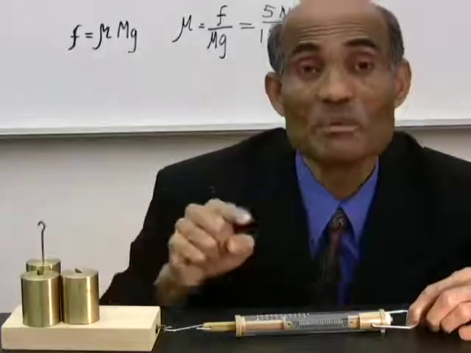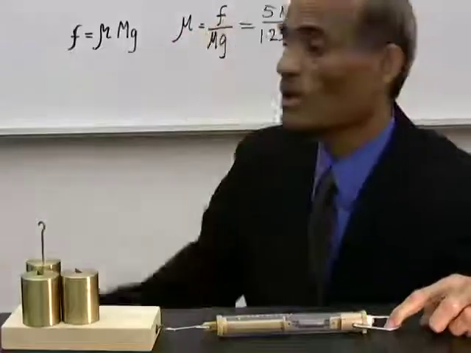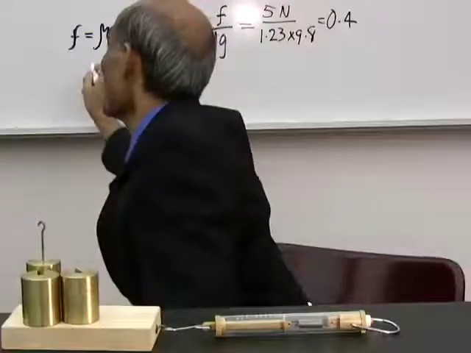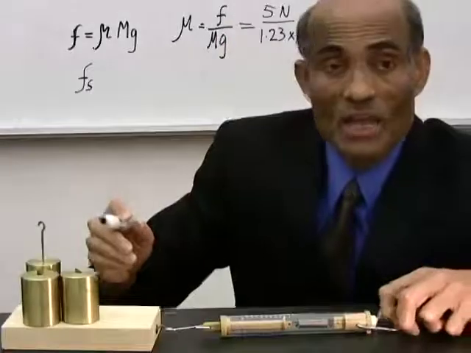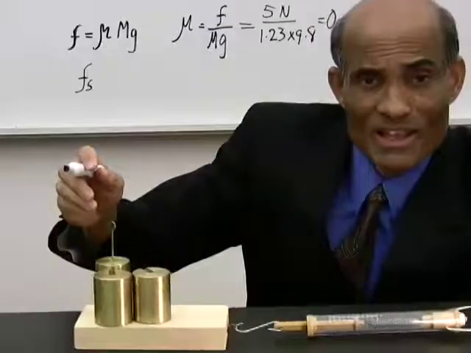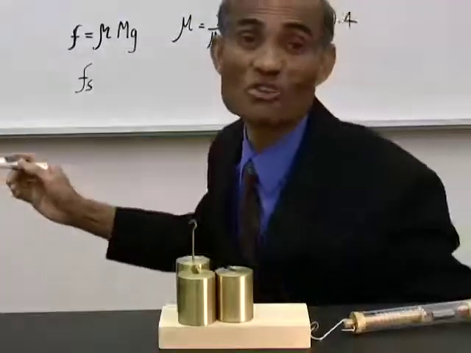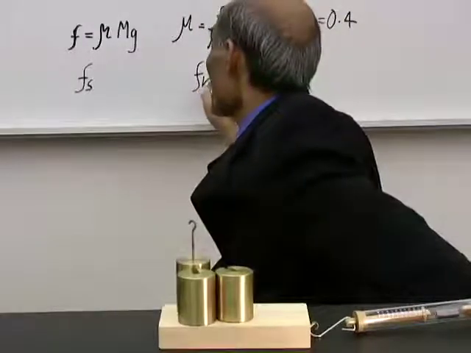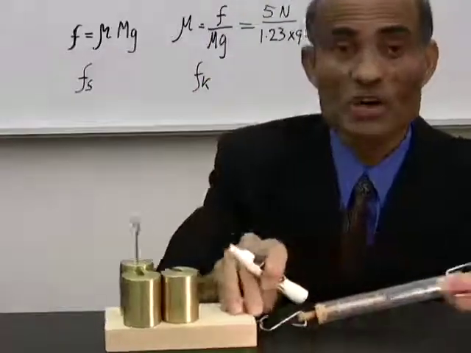We will represent the force of static friction by F sub S. On the other hand, the frictional force between two surfaces when they are in relative motion is called the force of kinetic friction, and we will represent it by F sub K. So I hope this is now clear.